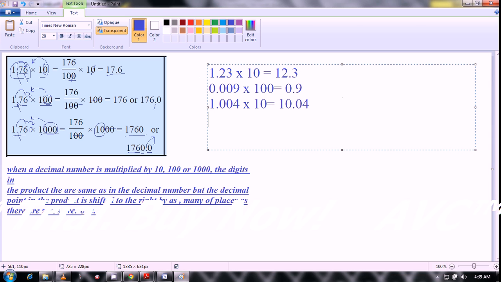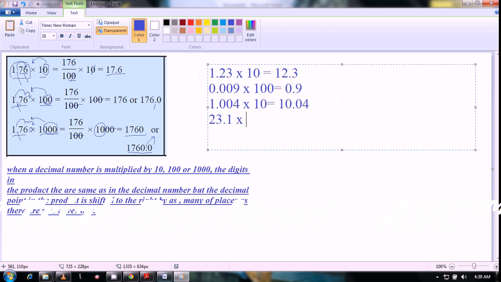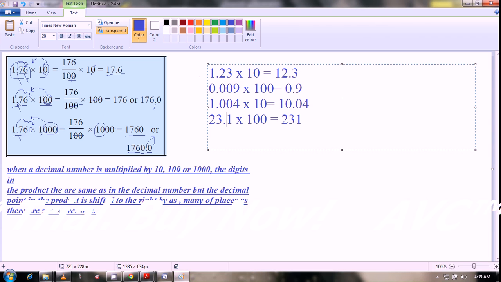Okay, let's take another example. 23.1, it is multiplied with 100, so we will write the number 231. Our decimal was here, now it will shift to the right by 2 positions. So initial decimal was here, 1 position it goes, it comes here, we'll add a 0.